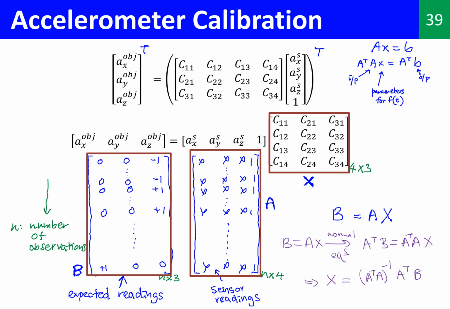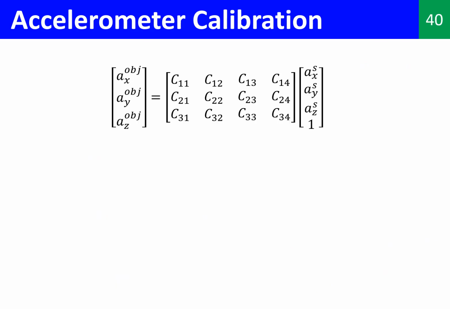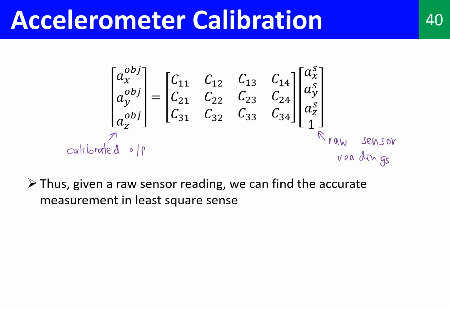Or I would say the transpose of the original calibration matrix. So in this formation, here we have the raw sensor readings, and on the left we have the calibrated output. Okay, so now we can use this calibration matrix to obtain accurate measurements in least square sense given any raw sensor reading.